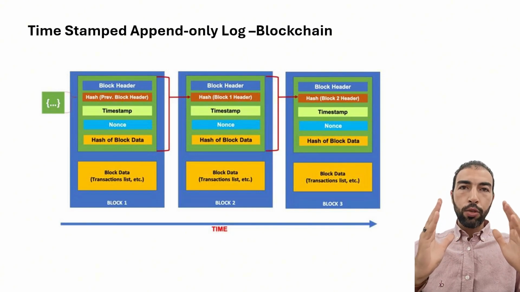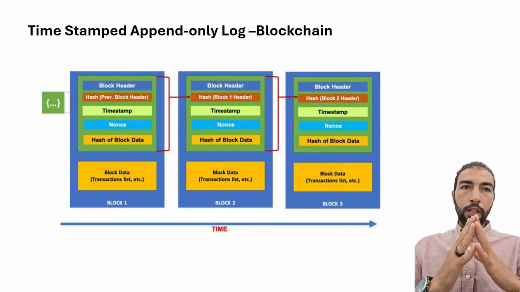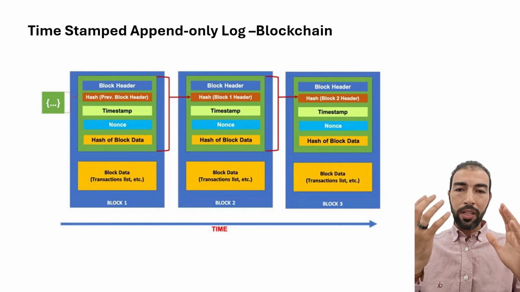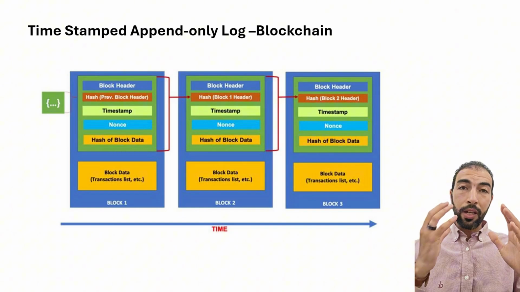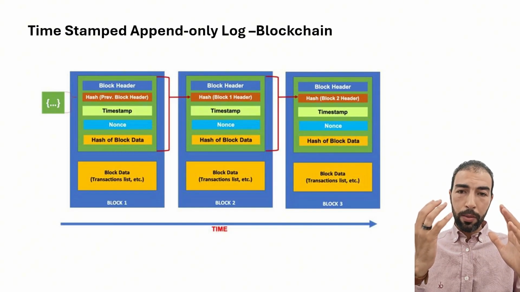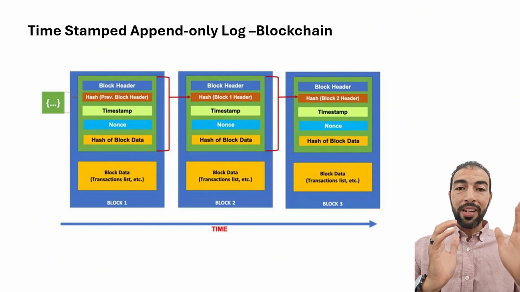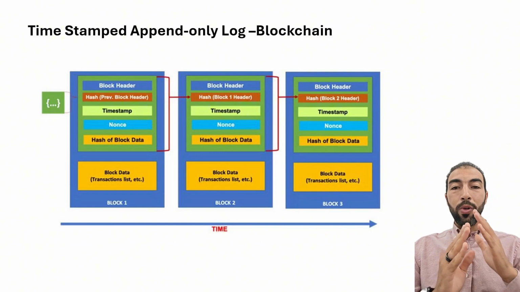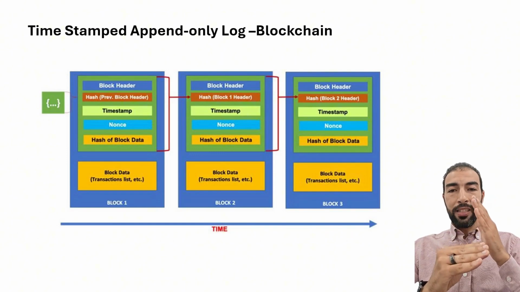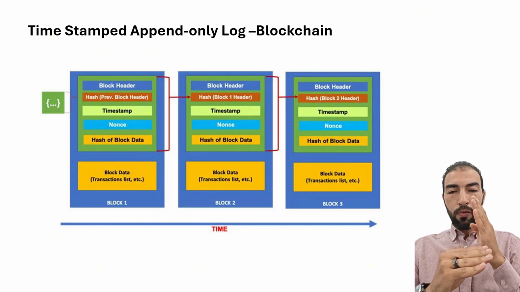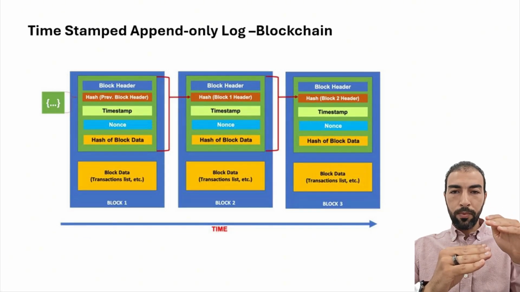What is the hash of the previous block header? We take the hash of the block header of block 1 and hash it. Then we put this as a record in block 2, so we know the exact location of block 2 in the chain of blocks.